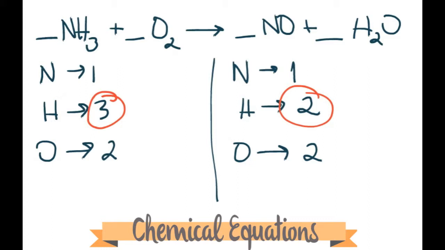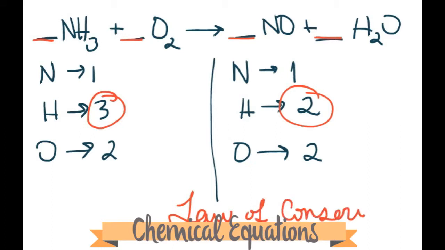Therefore, we need to start adding coefficients in front of the components so that we can get the same amount on each side. We have to do this due to the law of conservation of mass, which states no matter can be created or destroyed. Now we can put the coefficients in front of hydrogen on the product side in order to make it equal to the hydrogen on the reactant side.